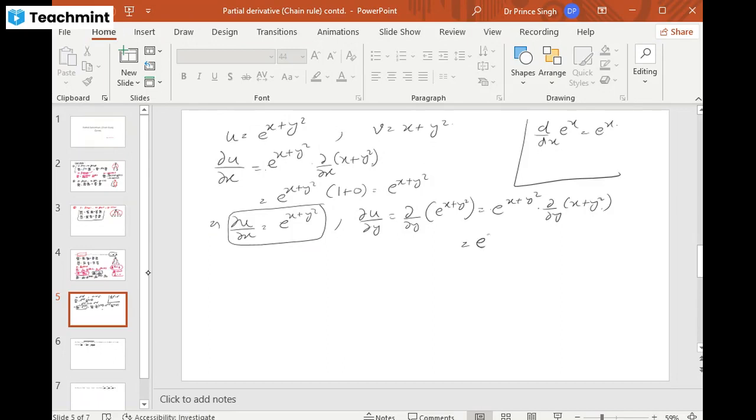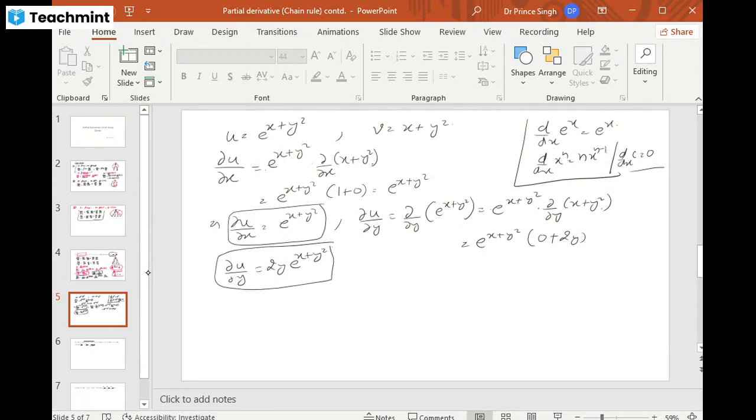So the derivative of x with respect to y is 0, and the derivative of y² is 2y. Like I told you, the derivative of a power function is n times x^(n-1), and the derivative of a constant is 0. So with this, we get the value of ∂u/∂y equal to 2y times e raised to the power (x+y²).